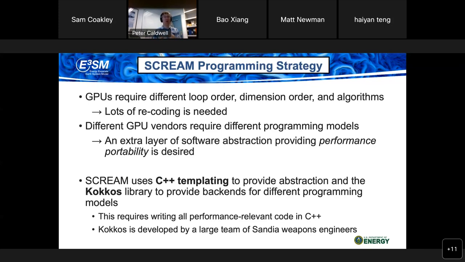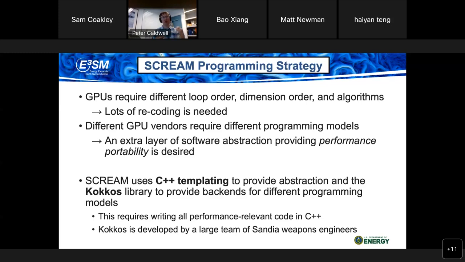The order in which you do your loops, the way that you structure your data in memory, maybe your algorithms, all need to be changed in order to really make them run faster than on a CPU. And so you have to do a ton of recoding. It's a big lift. An additional issue is that different GPU vendors have different programming models you need to use in order to run on their GPUs.